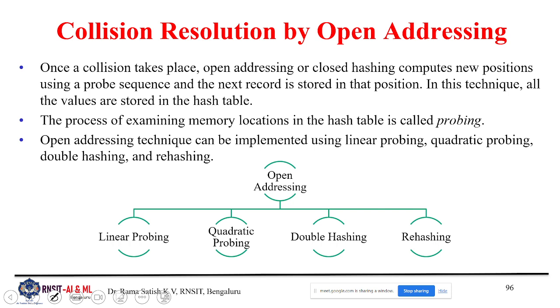The process of finding the new position for an element that has already met with a collision, you call it probing. There are four types of probing: linear probing, quadratic probing, double hashing, and rehashing.